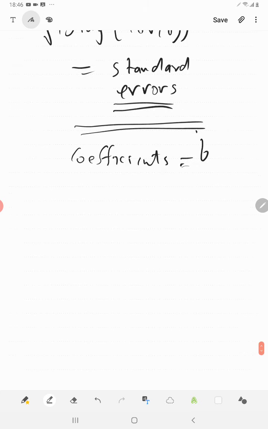What we define as the significance of any element B, let's say Bi, is Bi divided by the standard error of i.